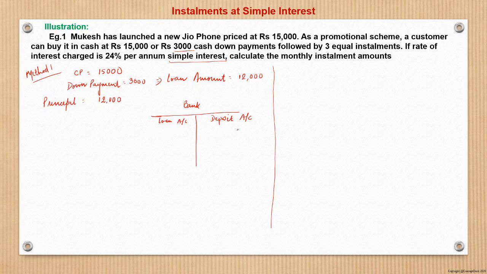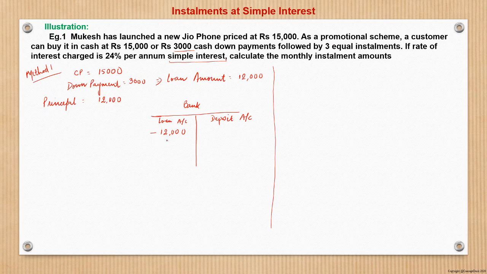There can be two accounts. In the loan account, the bank has given a loan of 12,000 rupees. So this 12,000 will be, let us say, negative, meaning the customer owes this fund and that is to be repaid.